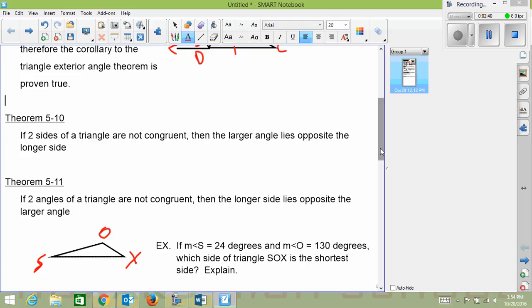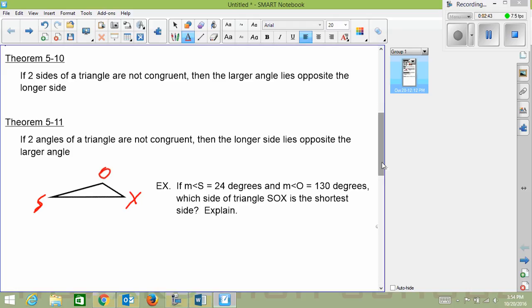So for my example, if the measure of angle S is 24 degrees and the measure of angle O is 130 degrees, which side of triangle SOX is the shortest side? And you need to explain it.